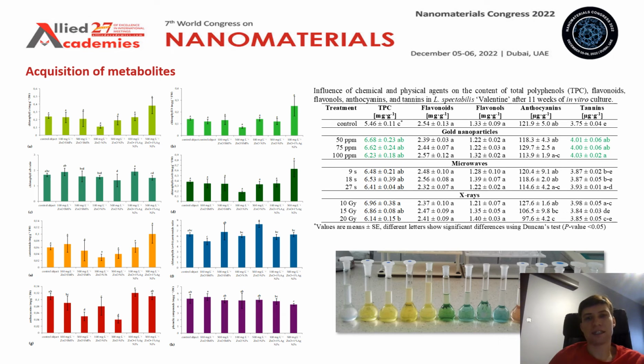Bleeding heart is an Asiatic plant species. It is an ornamental plant species, but also used in medicine due to the production of metabolites. So here we observe that by adding nanoparticles into the culture medium, we can stimulate and increase the production of those metabolites. So this can also be useful for the pharmaceutical industry or cosmetic industry, for example.